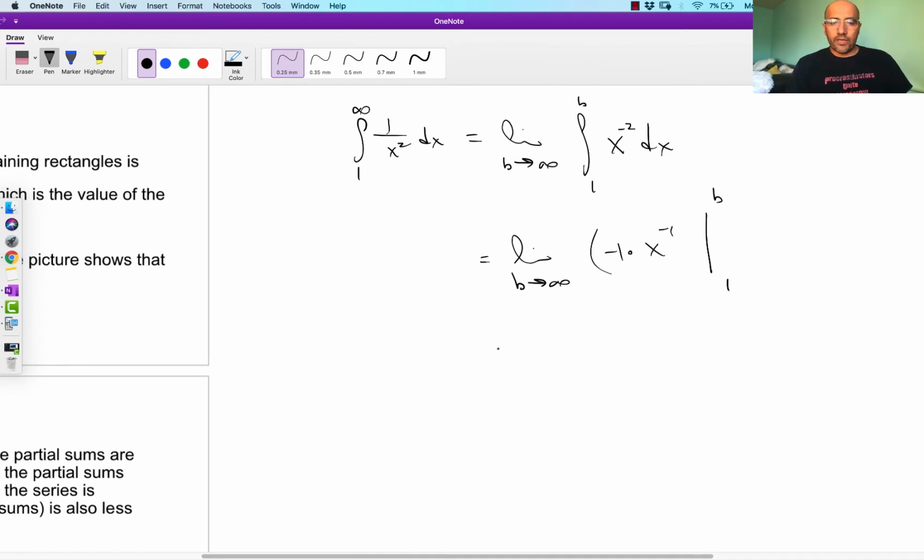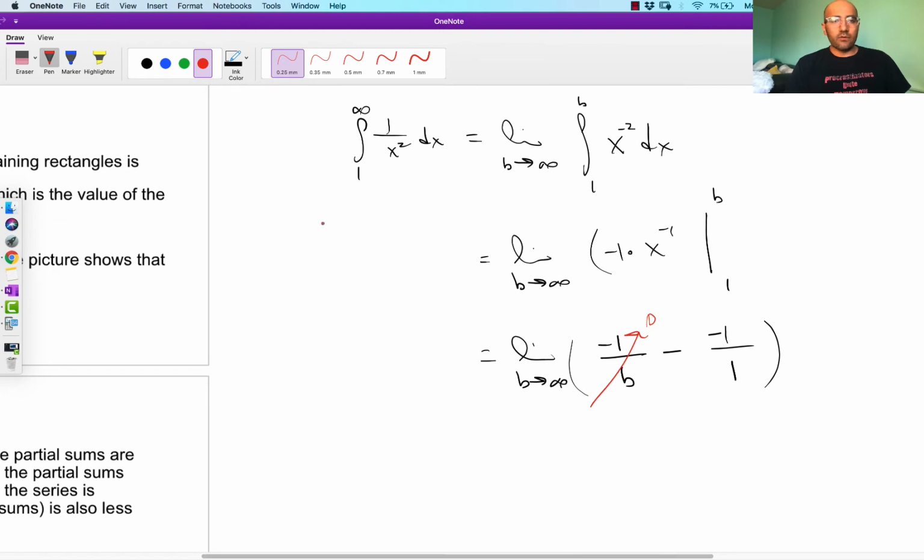Okay, so now we evaluate this: the limit as b goes to infinity of negative 1 over b minus negative 1 over 1. Well, that's just going to be plus 1. This goes to 0 as b goes to infinity.